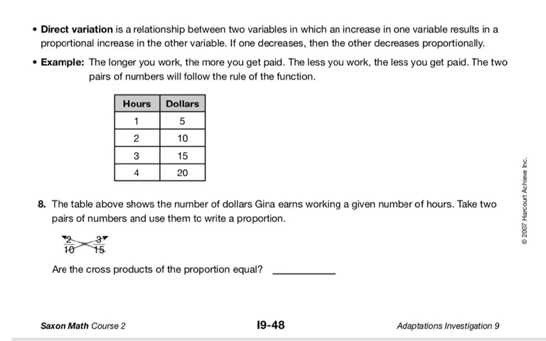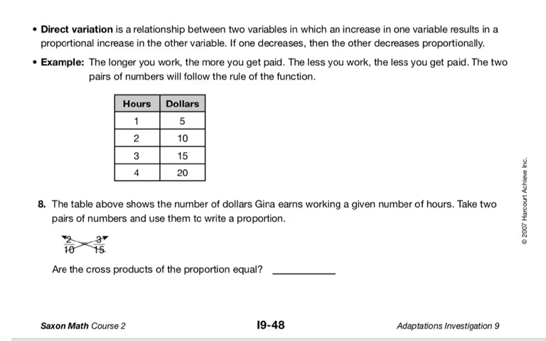If you work an hour of babysitting, you get $5. Maybe you've seen something similar to this. Okay, this is called a direct variation, whereas one increases, the other one increases. Or as one decreases, the other decreases.